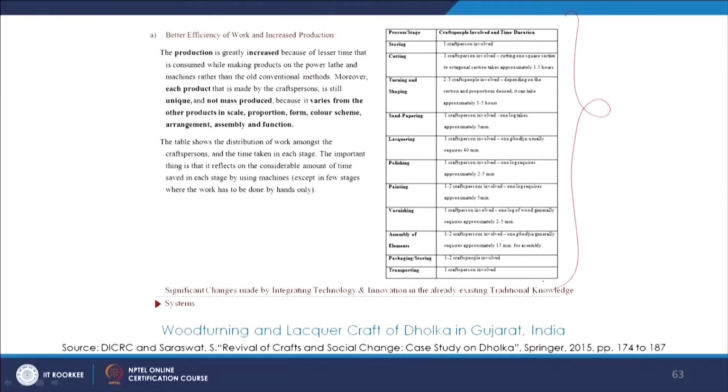So that kind of discussion was done to understand that how by technology intervention the efficiency is drastically increased, the time duration at each stage is reduced, the number of craftspersons involved at each stage is minimized, and the overall productivity goes high.